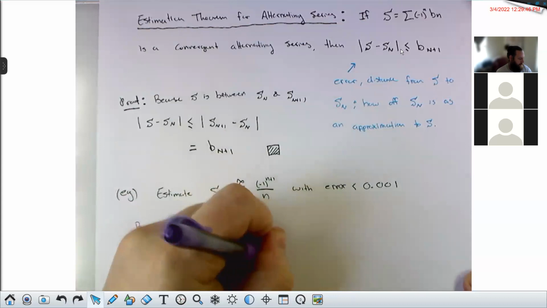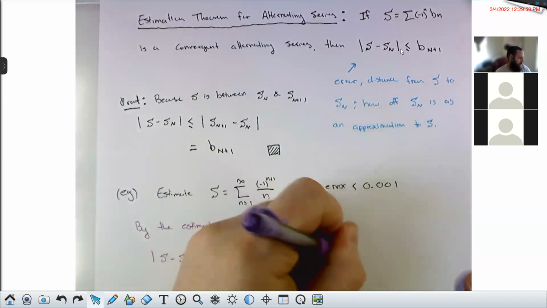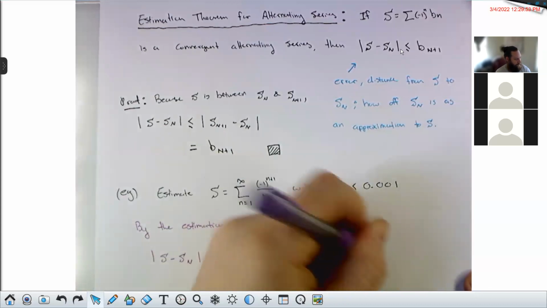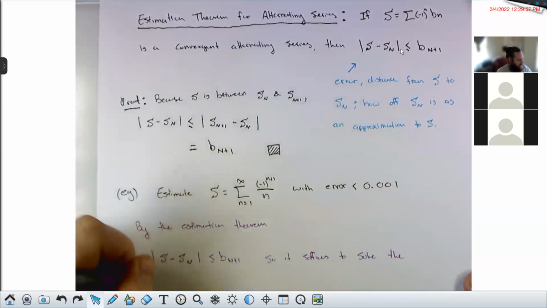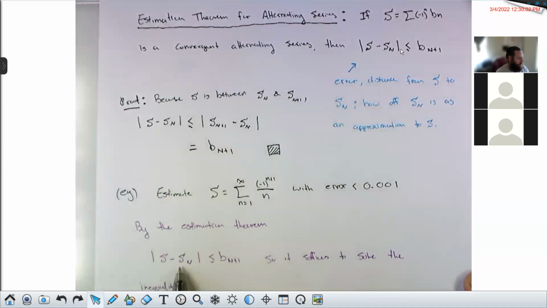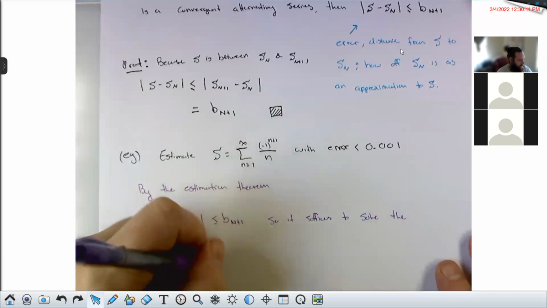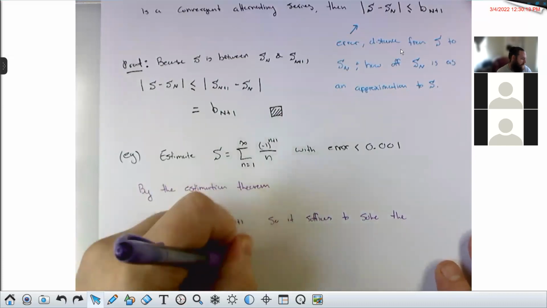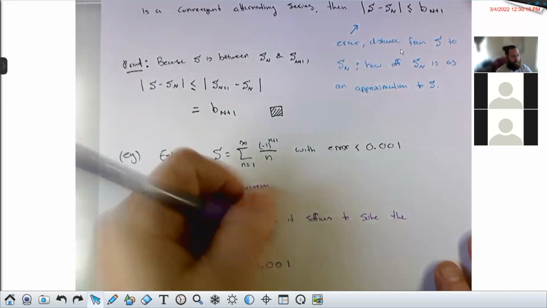So it suffices to solve the inequality. If I want the error to be smaller than 0.001, and I know the error is smaller than Bn plus 1, I can set Bn plus 1 less than 0.001 and solve for n.